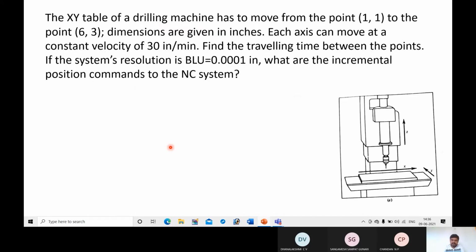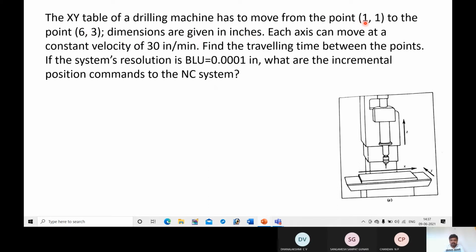Next, there is a numerical. The XY table of a drilling machine has to move from the point 1,1 to the point 6,3. 1 and 6 are values along direction X. 1 and 3 are values along direction Y. Dimensions are given in inches.